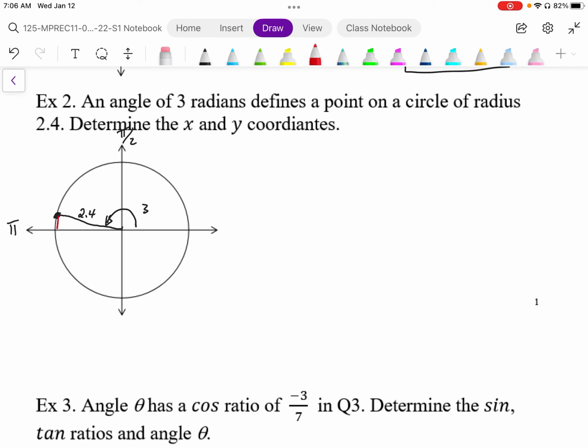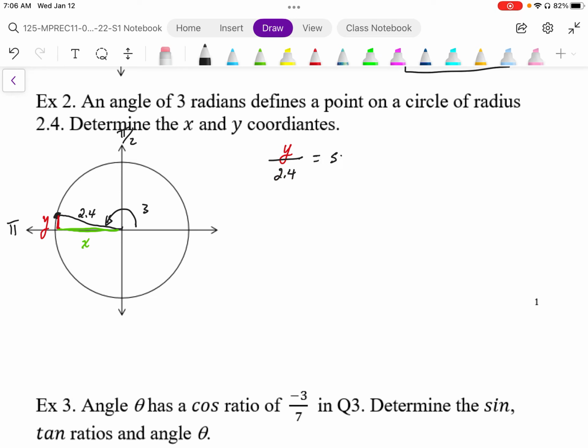This position has a vertical component and a horizontal component. I want to find the x position and the y position of this particular angle. I could start like this: sine is the y position divided by the radius.